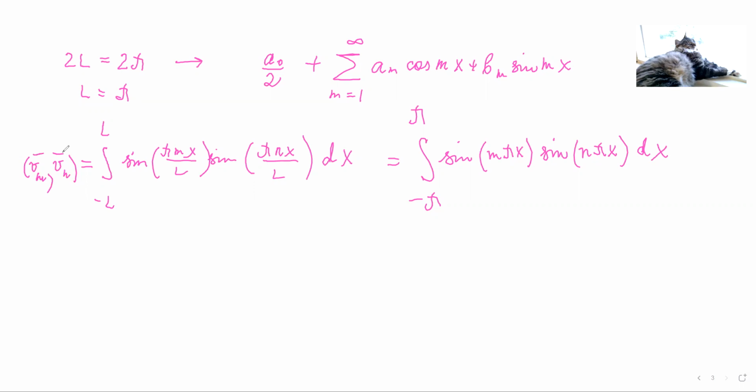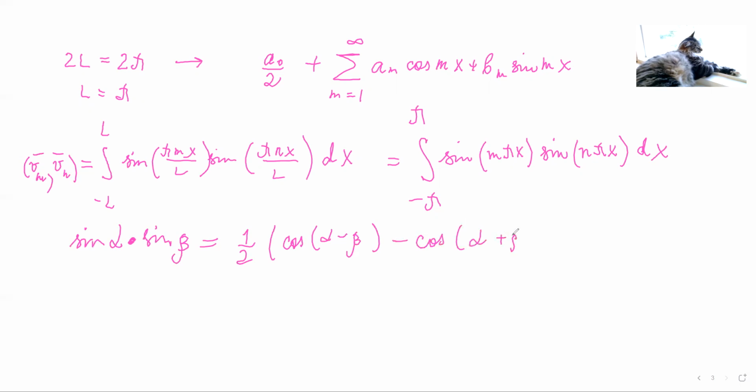The formula, you probably remember, is the sine formula: sine of alpha times sine of beta equals 1/2, we do this formula in calculus 5b when we do integrals, of cosine of alpha minus beta minus cosine of alpha plus beta. I'm going to use this formula and modify this expression, okay?